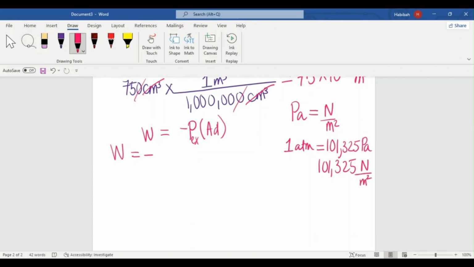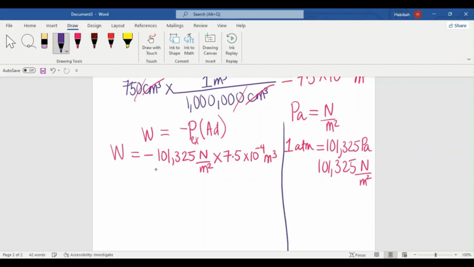So now we're going to input this. That will be negative 101,325 Newton per meter squared times what we've got here, which is the area times distance, so the volume, times 7.5 times 10 raised to the power of -4 meter cubed. Let me separate this so it doesn't mess up our work. So work done equals meter squared here, meter cubed here, and we cancel meter.